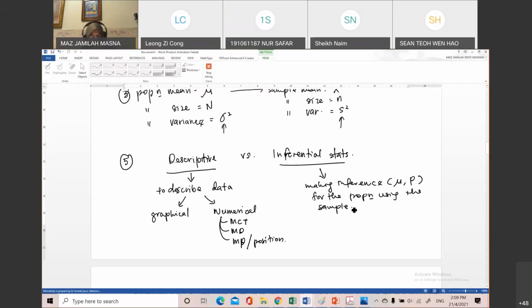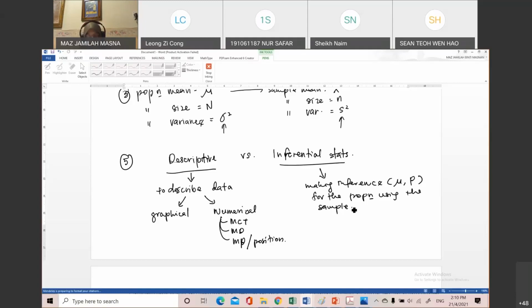Okay, so it's a different context of discussion. Descriptive statistics is just about how you can use graphical and numerical forms to represent your data, so that you can reveal the meaningful information that remains in your data set.